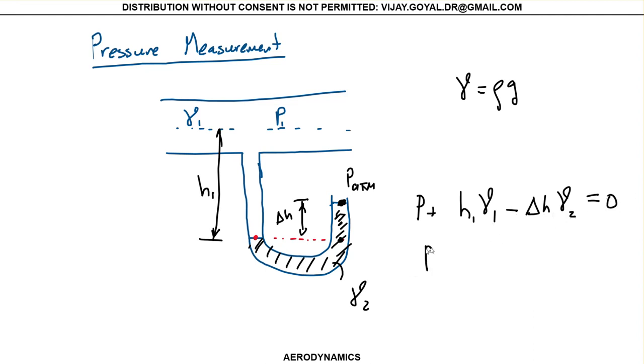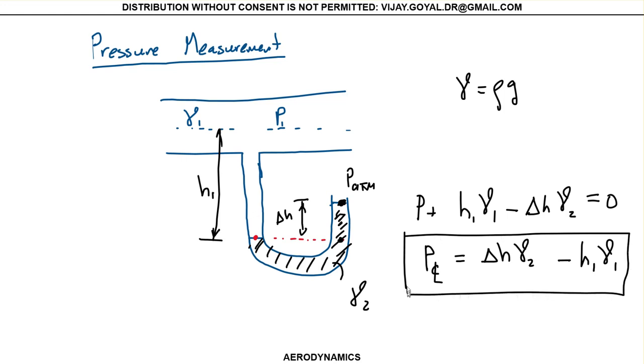So your P at the center line will equal delta H times gamma 2 minus H1 gamma 1. That's a direct application of how we do this. If I know the pressure here, I can find the pressure there by just taking that small delta. Okay, so these are some applications of these problems.